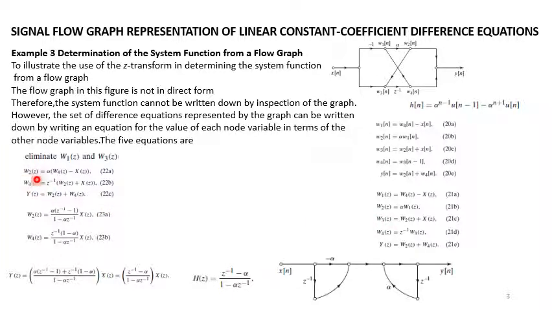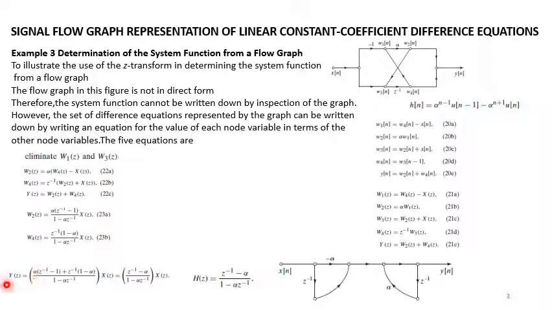So we find that W2 of z equals alpha times W4 of z minus X of z, and W4 of z equals z inverse W2 of z plus X of z. Now Y of z equals W2 of z plus W4 of z, so replacing the values here we get W2 of z equals (alpha z inverse minus 1) over (1 minus alpha z power minus 1) into X of z, and similarly W4 of z equals z inverse (1 minus alpha) over (1 minus alpha z inverse).